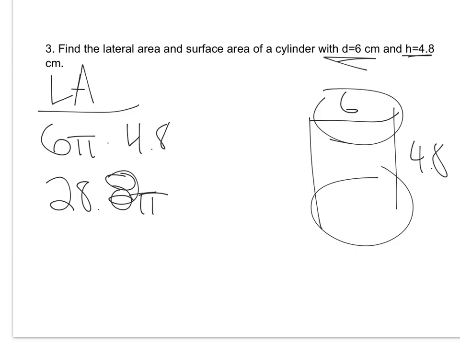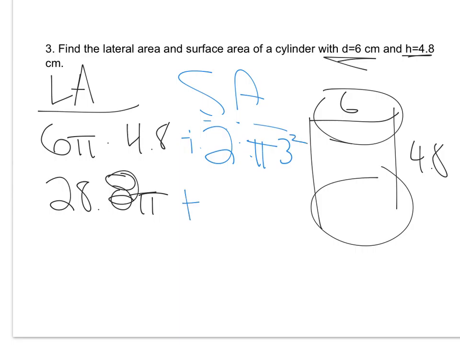Surface area says take that, add 3 squared times pi times 2. That's ugly, let me rewrite that. It's going to be double pi 3 squared, so when I add that, that's going to be 18 pi.